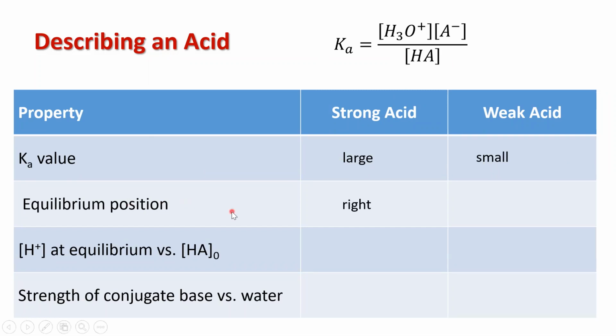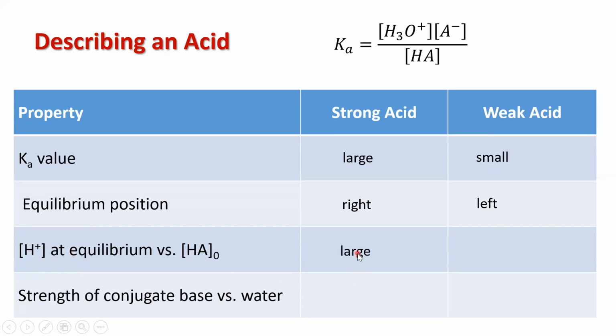If we look at the equilibrium position, strong acids almost 100% dissociate, so the equilibrium position will be all the way over on the product side, or towards the right. Whereas for weak acids, the equilibrium position is going to be on the reactant side, or all the way over on the left.